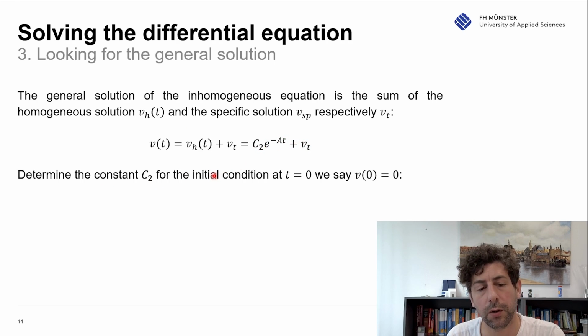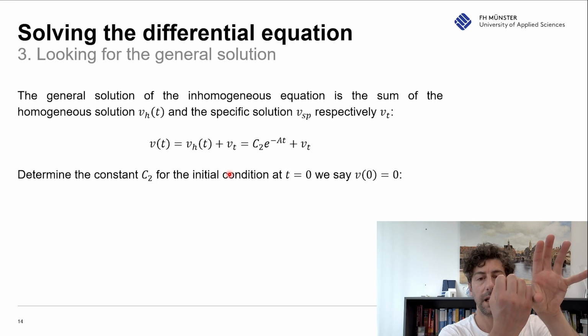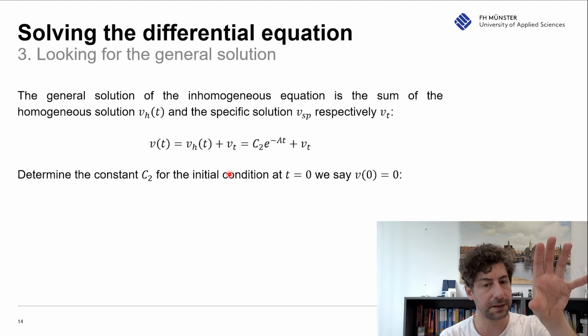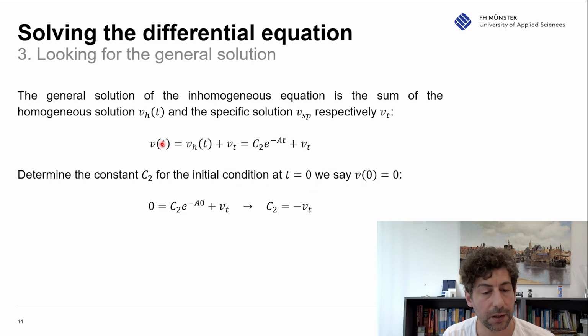And therefore we look at the initial condition. And the initial condition says that the particle at time t0 has no velocity, right? And this is what we assumed already in the schematic I showed you, where the particle has no velocity and the gravity pulls it down, so it starts to accelerate. And if this is the case, we can say at t0 the velocity is 0. And if we put this in here, at t0 velocity is 0, so here is a 0, right?